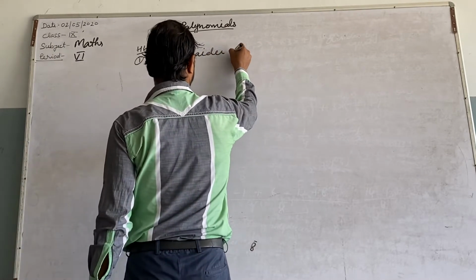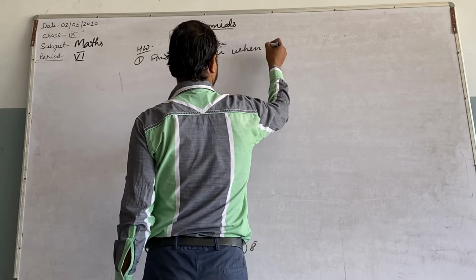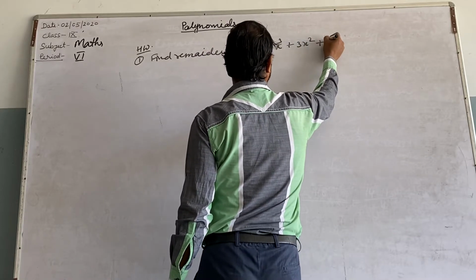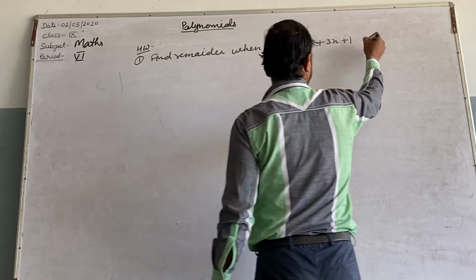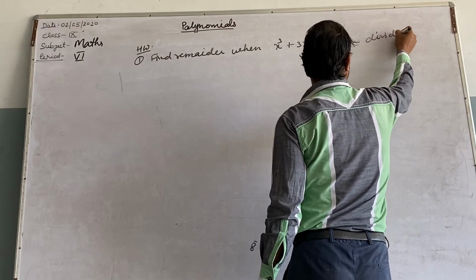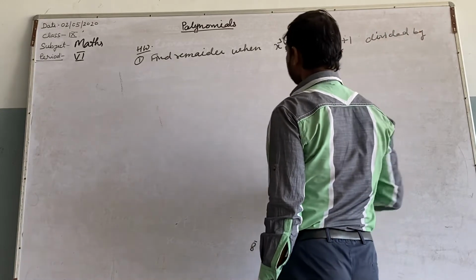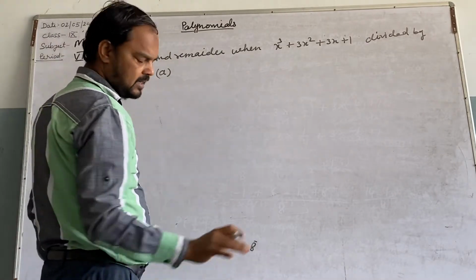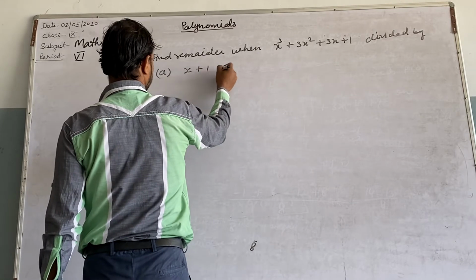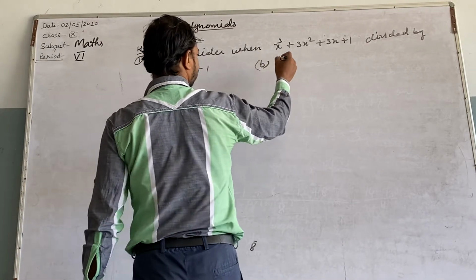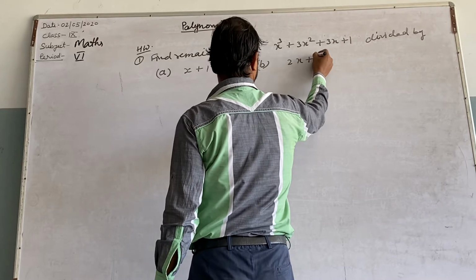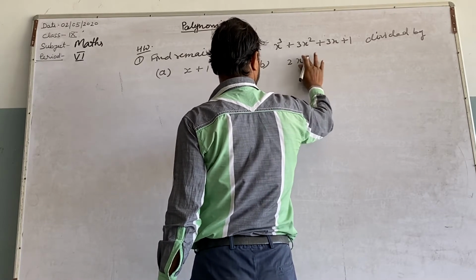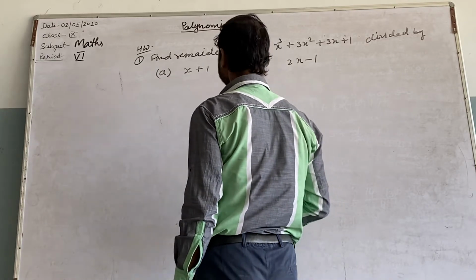Find the remainder when x cube plus 3x square plus 3x plus 1 is divided by (a) x plus 1, (b) 2x minus 1, right?